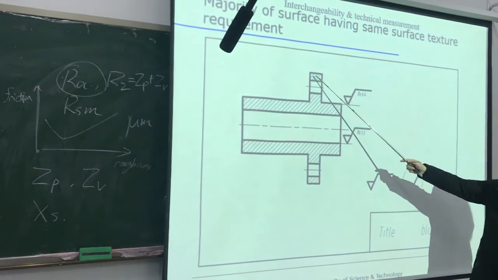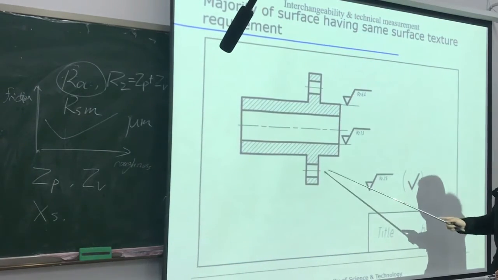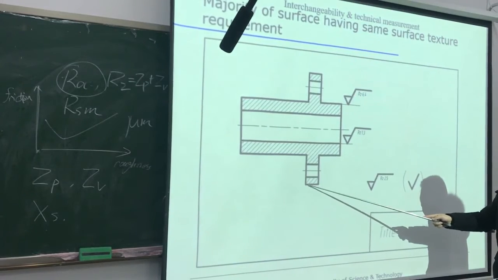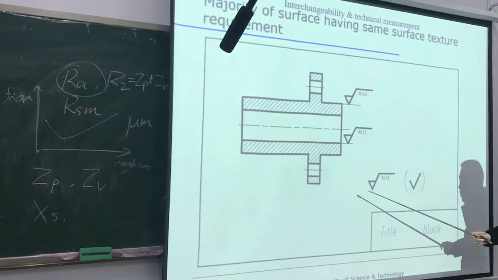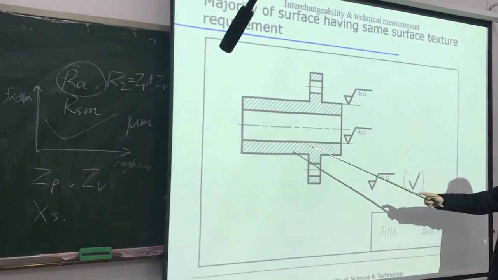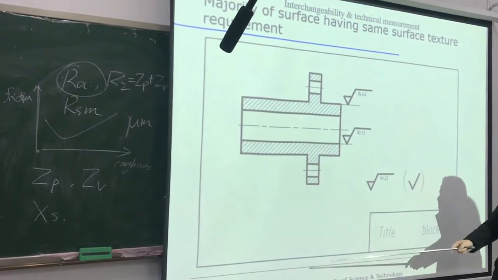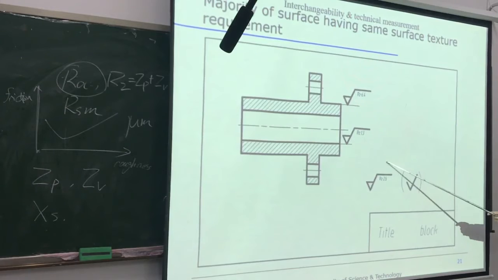And also, in fact, we may have a requirement for this plane, this hole, this shaft. They can all have roughness requirements. If the rest of the surfaces have the same surface requirement, we can label it like this.